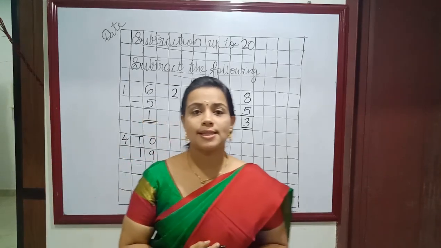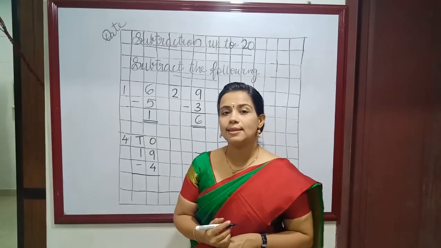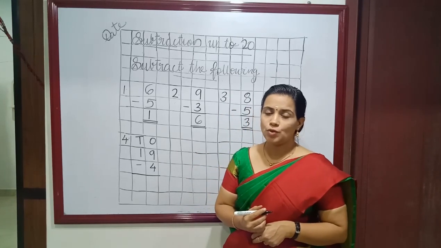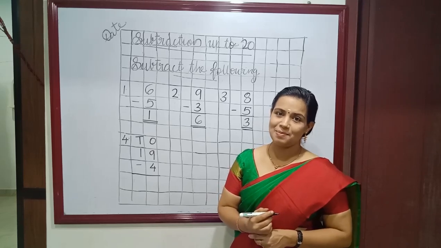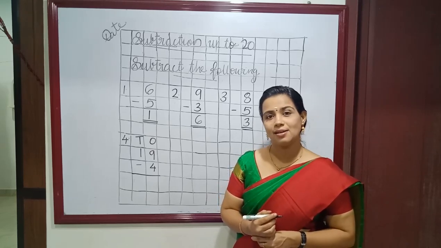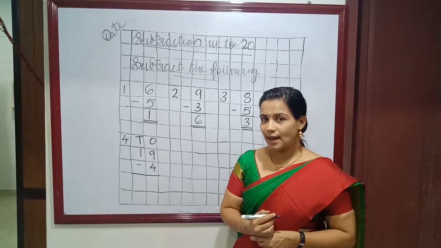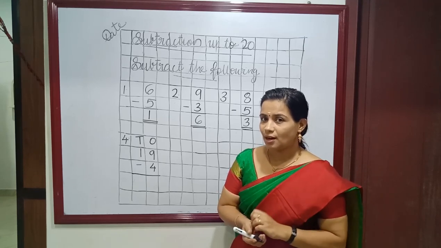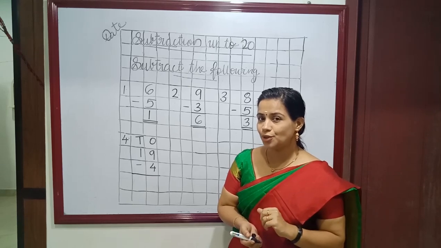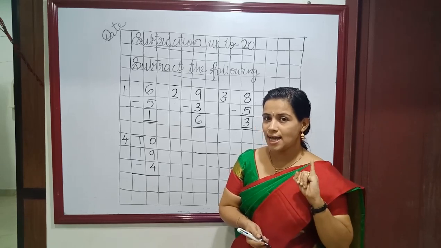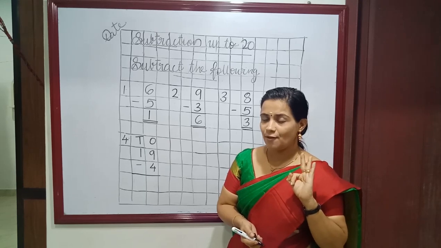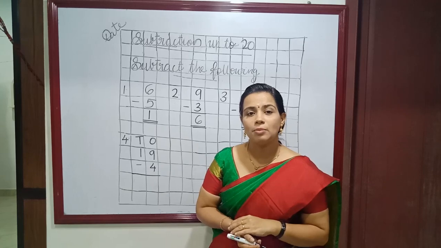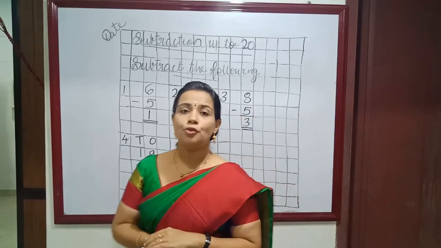We have to subtract the digits in the ones place. Which are the digits in the ones place? Yes, 9 and 4. So 9 minus 4 is equal to? Count after 4 up to 9. 5, 6, 7, 8, 9. So 9 minus 4 is equal to 5.